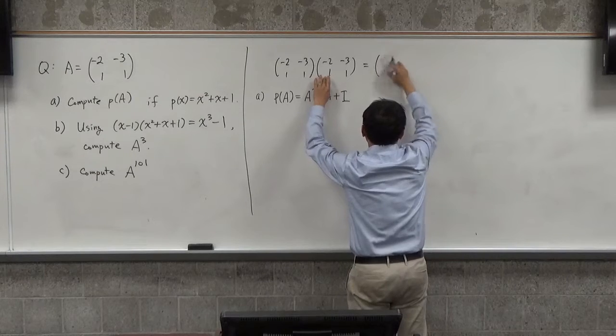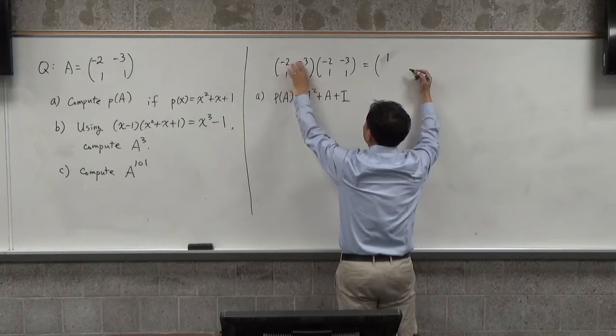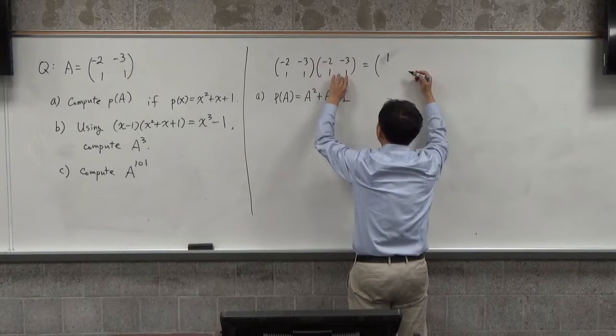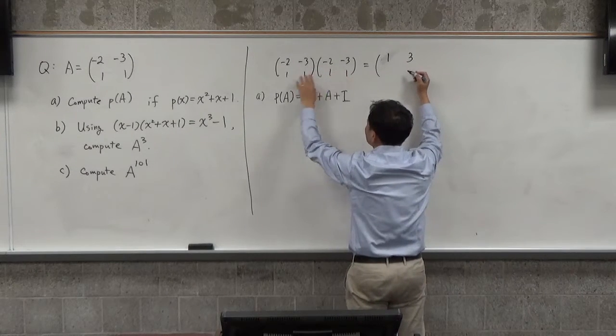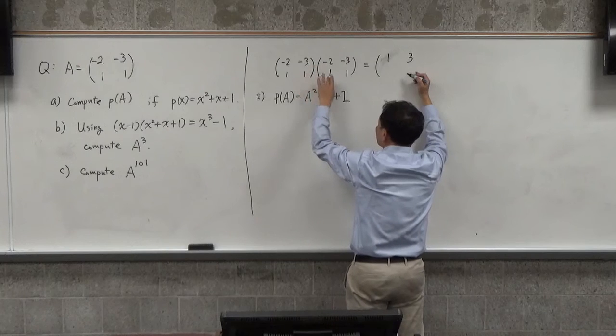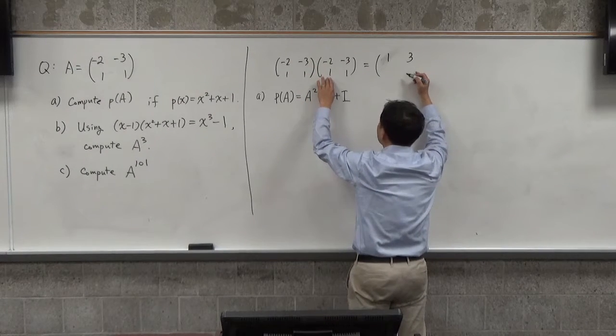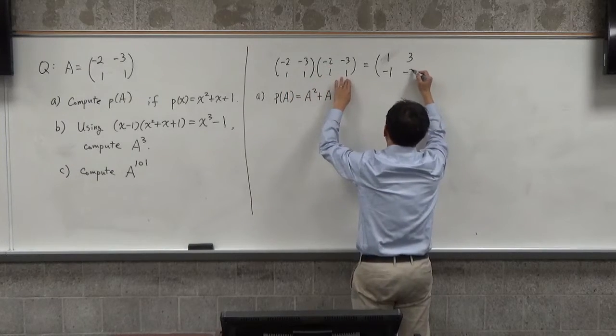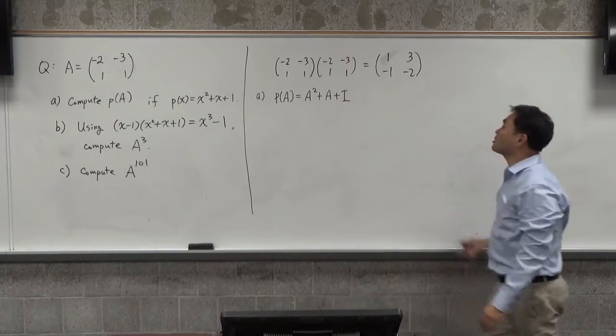So 4 minus 3 will be 1. -2 times -3 is +6. -3 times 1 is just -3, so it will be +3. 1 times -2, 1 times 1 will be -1. 1 times -3, 1 times 1 will be -2. So that's what I get.